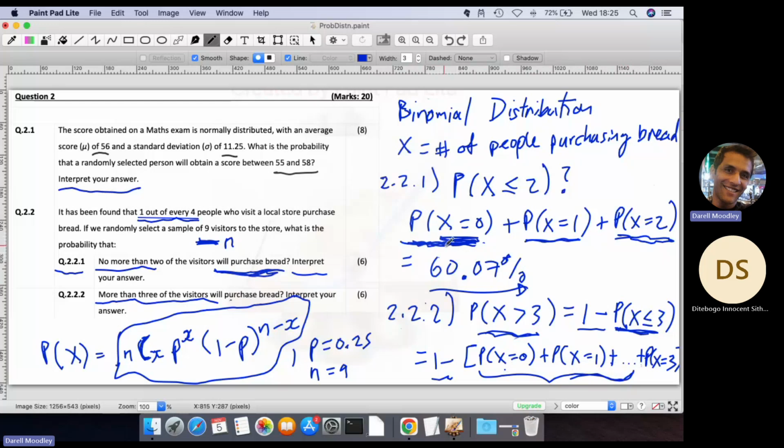If you look at the question before that, you've already done that work. So there's no point in working each of these probabilities again.